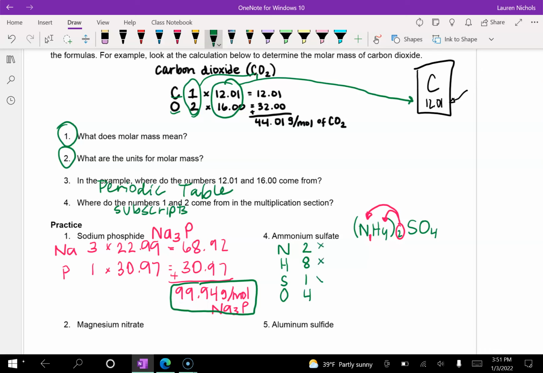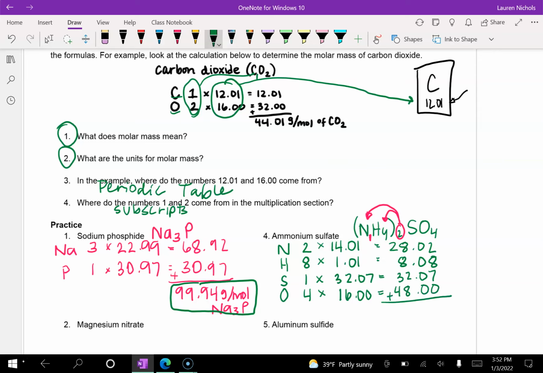And so we're going to need to multiply them by their masses from the periodic table. The mass of nitrogen is 14.01, hydrogen is 1.01, sulfur is 32.07, and oxygen is 16.00. So we take the time to multiply them out. 2 times 14.01 is 28.02. 8 times 1.01 is 8.08. 1 times 32.07 is 32.07, and 4 times 16 is 48.